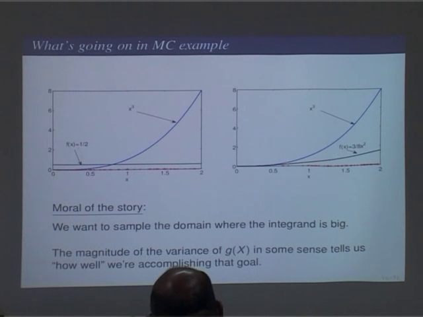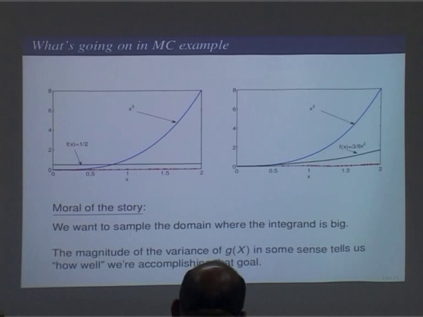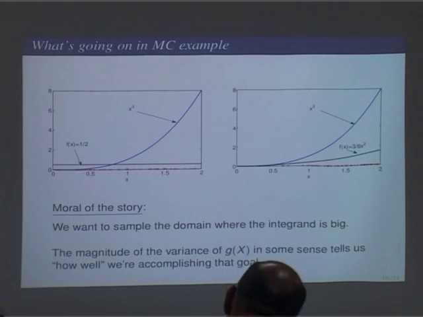The divergence rate is independent of the type of function. It's not independent of the type of function I choose. That's happening because this function looks more like the function we're trying to integrate. But even then, everything's 1 over square root of n. Okay, but the constant is going to depend upon the type of function you choose, and also the underlying distribution.